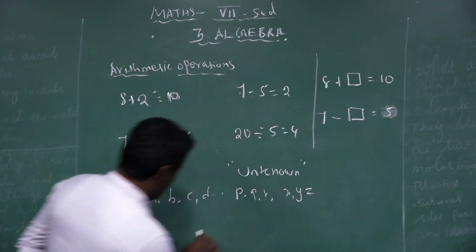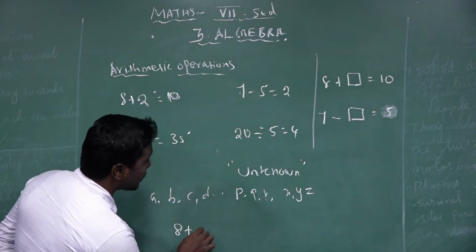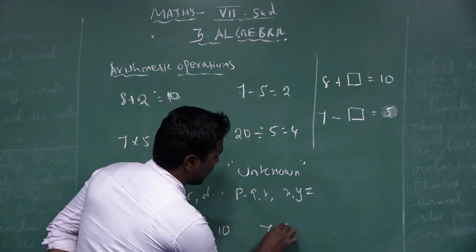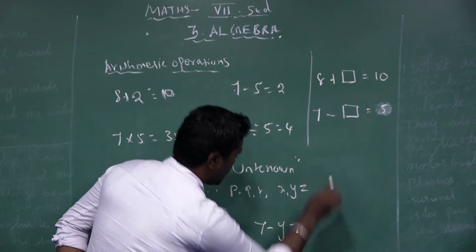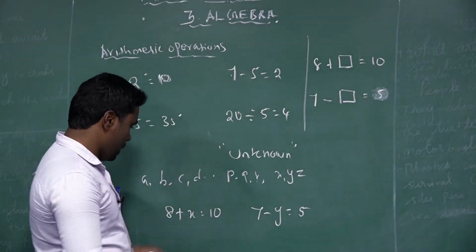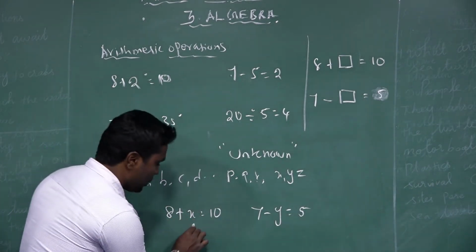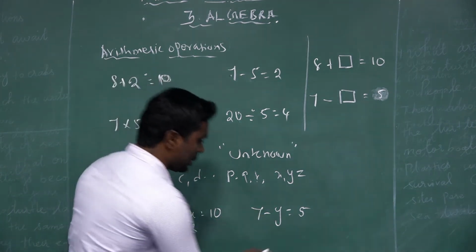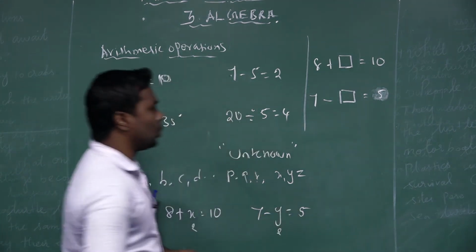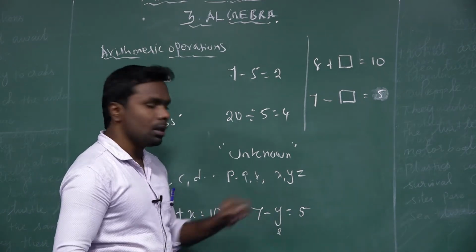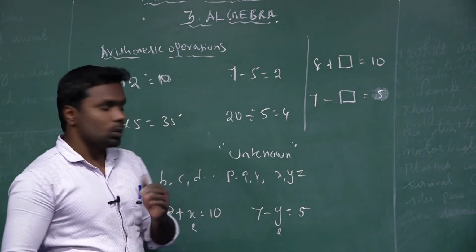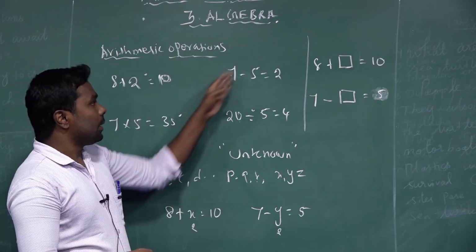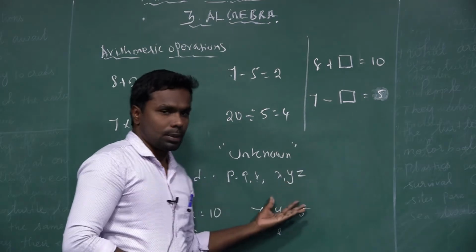So, 8 plus X equal to 10 and 7 minus Y equal to 5. Here X takes the value 2, so 8 plus 2 is 10. Here Y takes the value 2, so 7 minus 2 is 5. Now, I am sure you understand the difference between arithmetic operations and algebra.